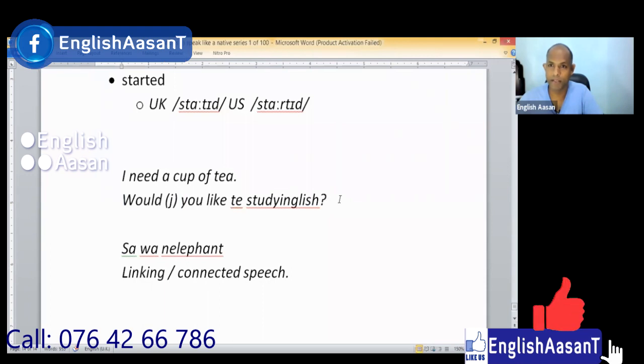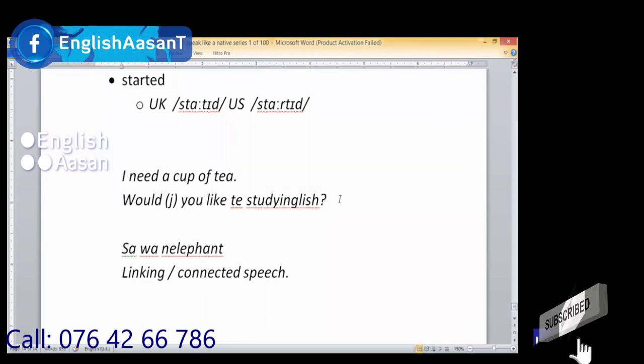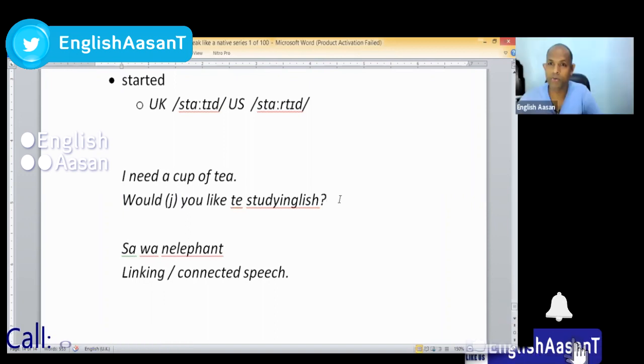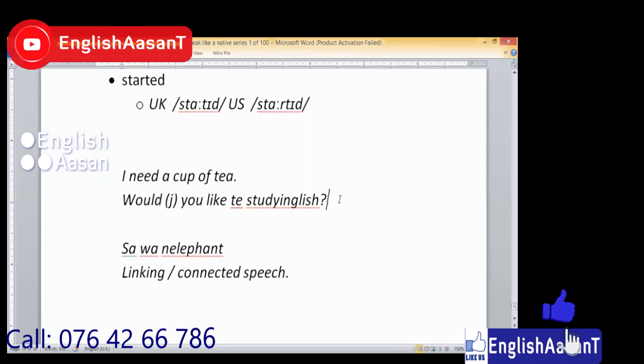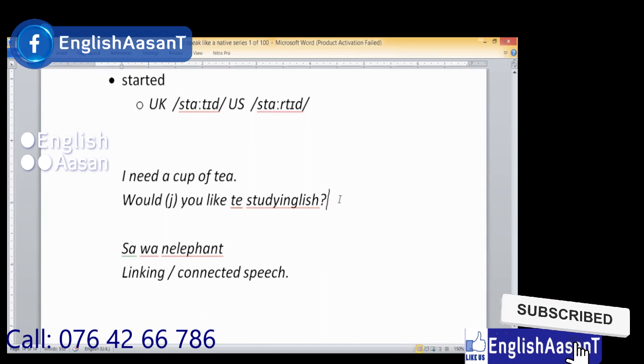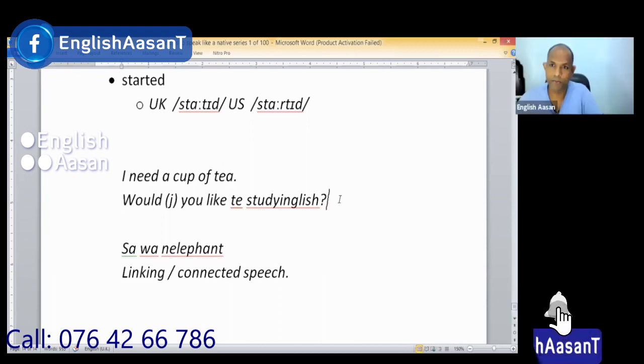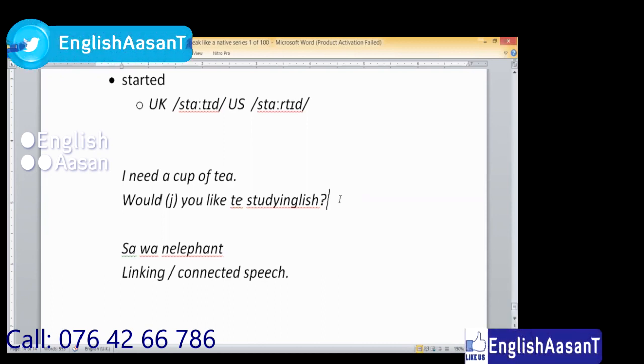That is would be. There are some rules how to connect words. That's what I'm saying to you. "He would be" is correct. "He would be" with J is not correct. Would be, would be.